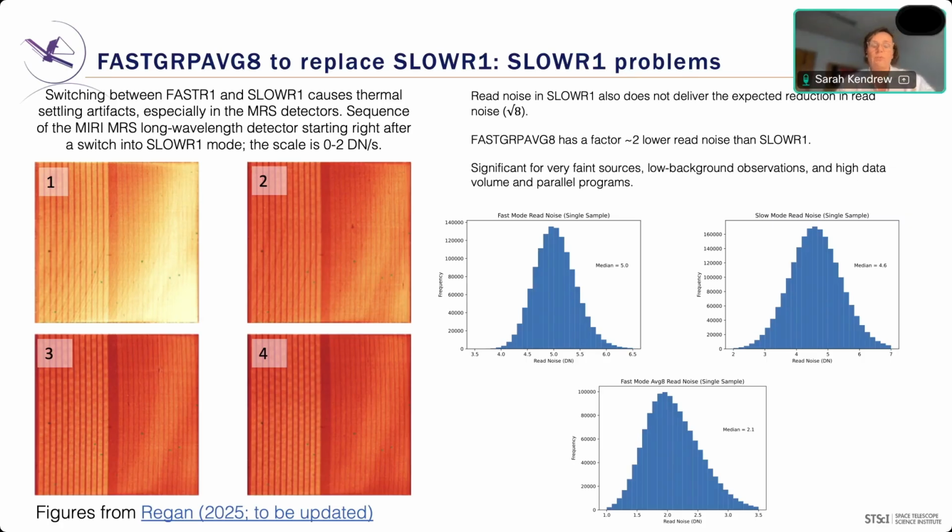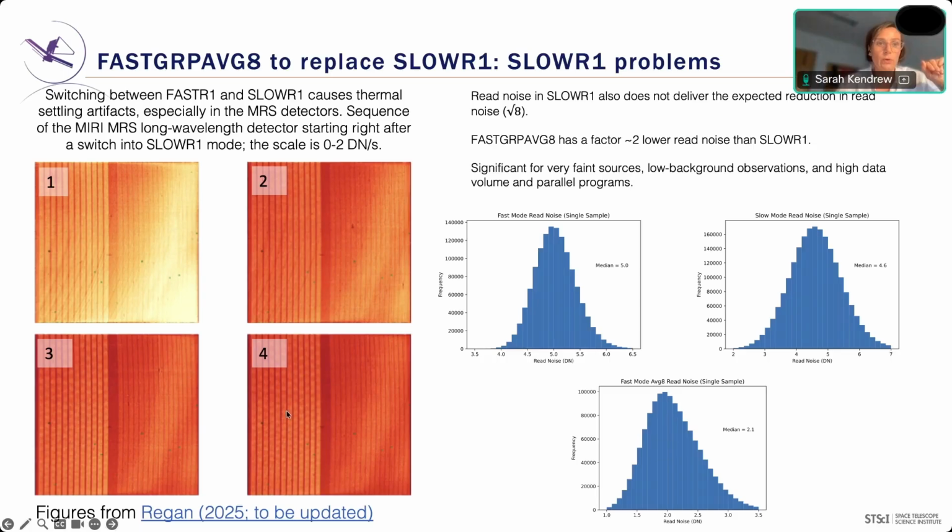And then also, and perhaps more importantly, when we switch between fast R1 and slow R1, it's a state change in the detector, and it causes thermal settling artifacts, particularly marked in the MRS. So unfortunately, if you were to use the MRS in fast R1 mode after a program that used slow R1, you could get a fading glow in your detectors.